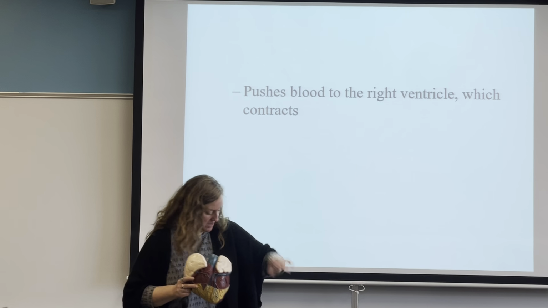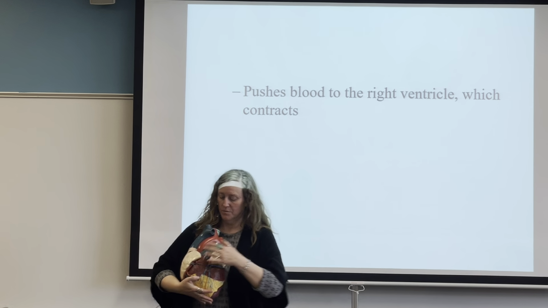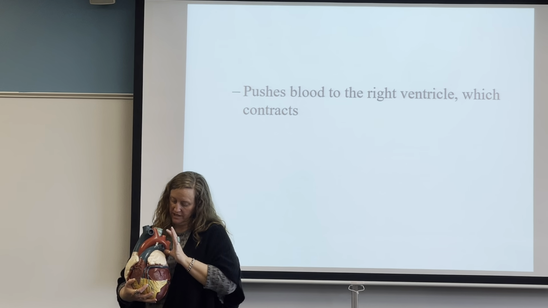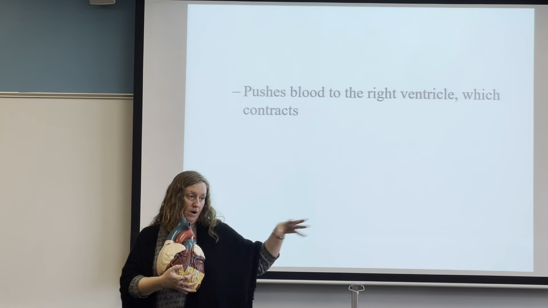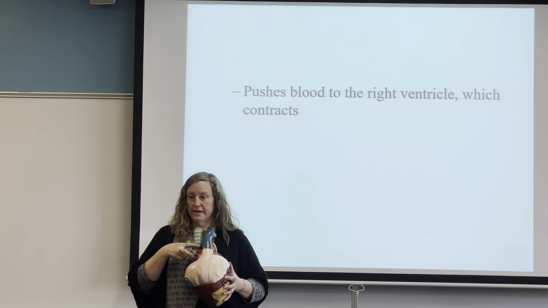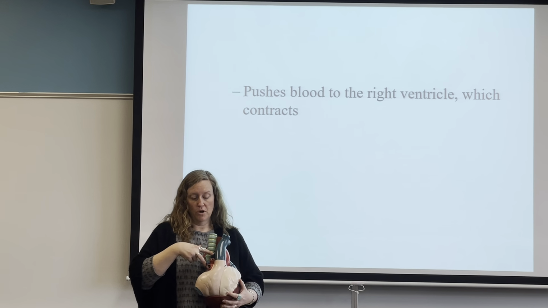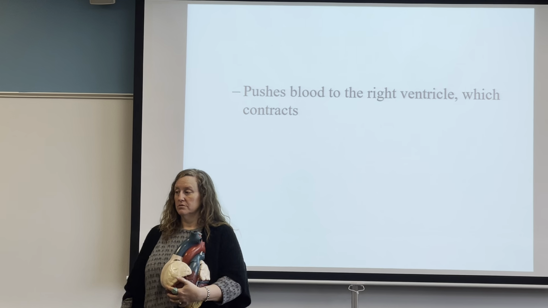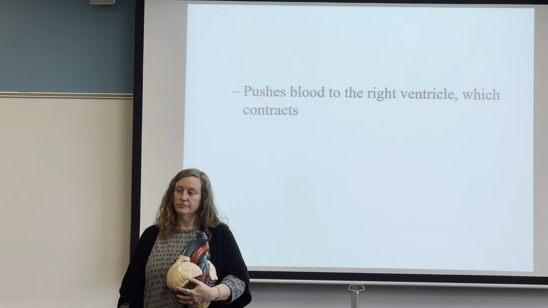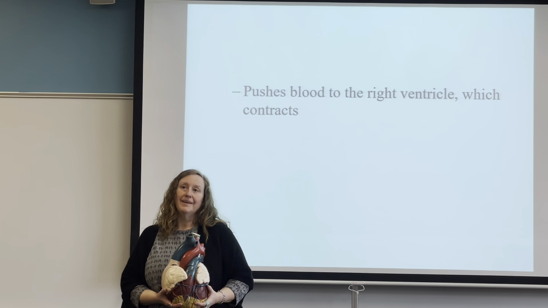You can see one branch of the pulmonary artery going out to the left lung. This branch quickly branches into smaller branches to go to the right lung. Pulmonary is just to and from the lungs.